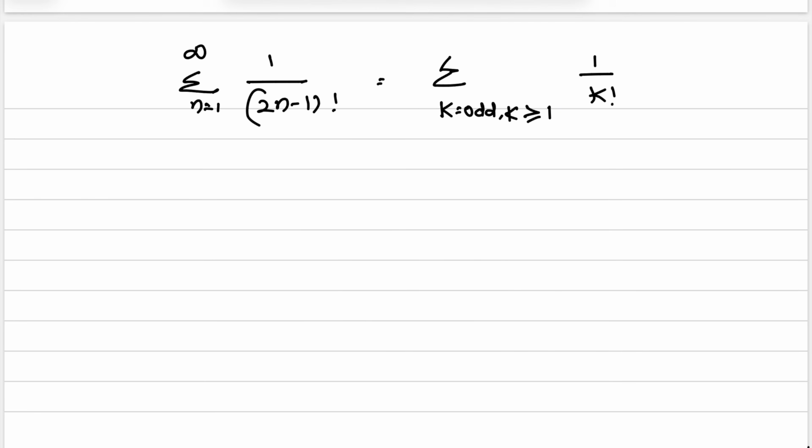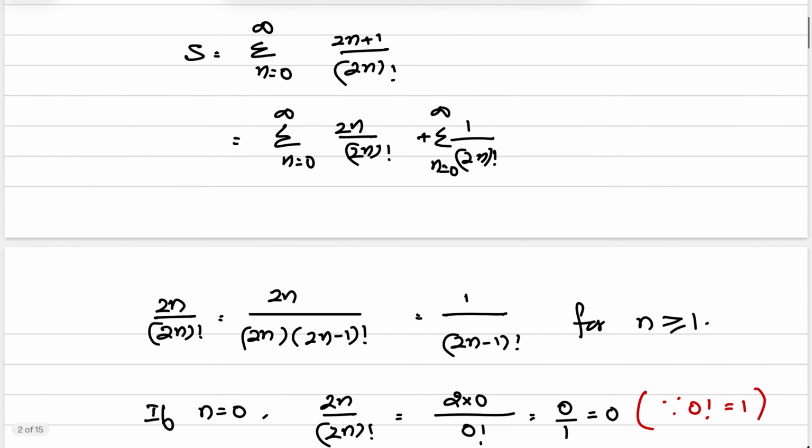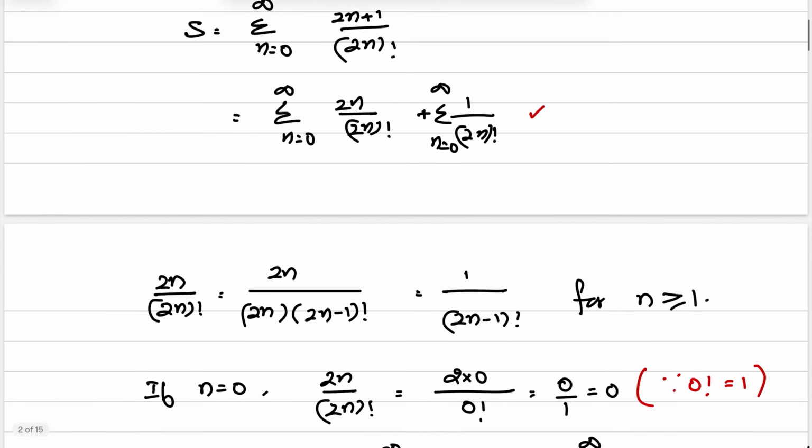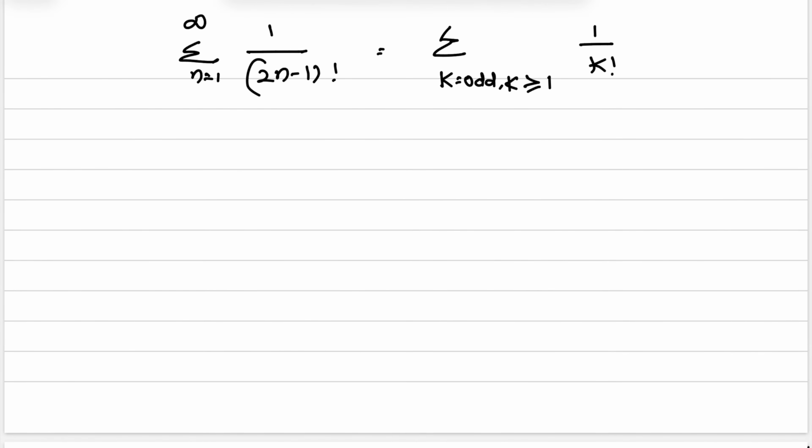Now, let's go to the other value. The other value is sigma n is equal to 0 to infinity 1 by factorial 2n. Sigma n is equal to 0 to infinity 1 by (2n) factorial.